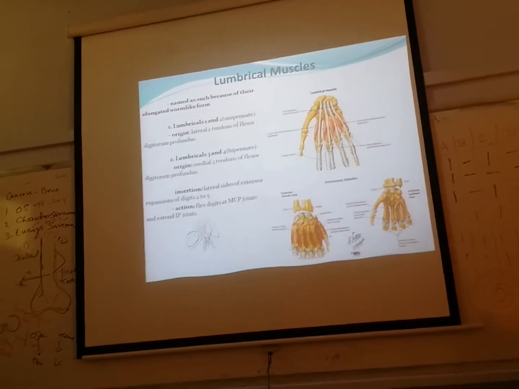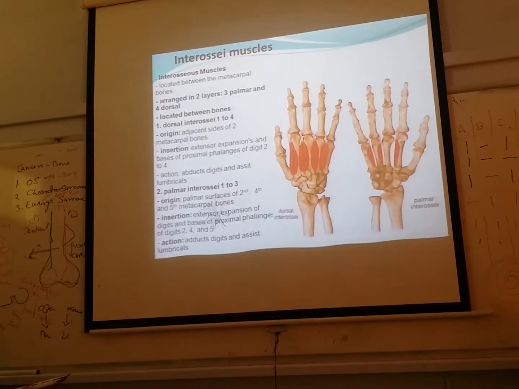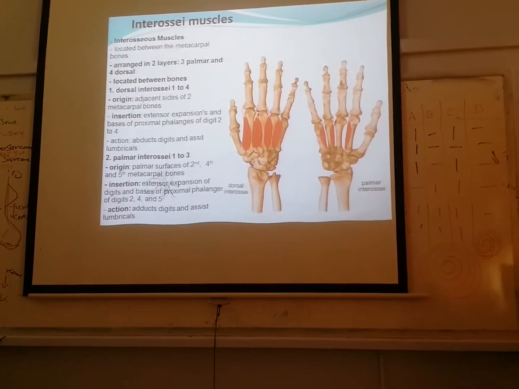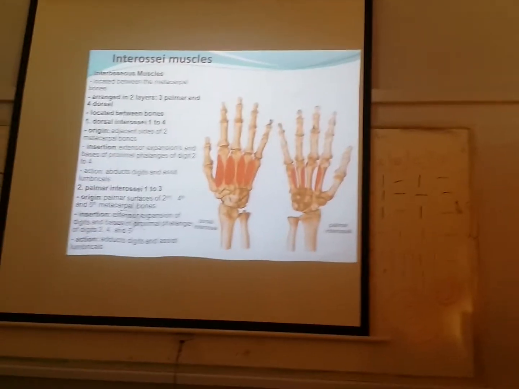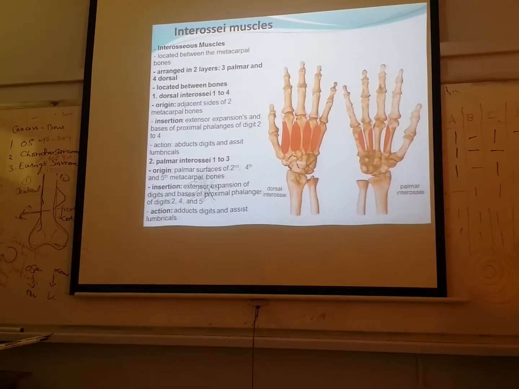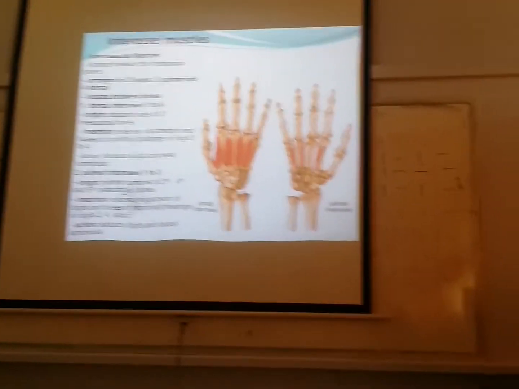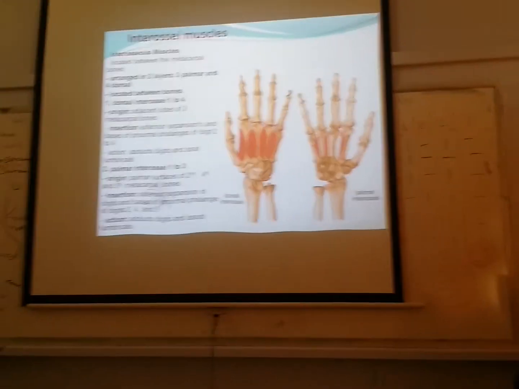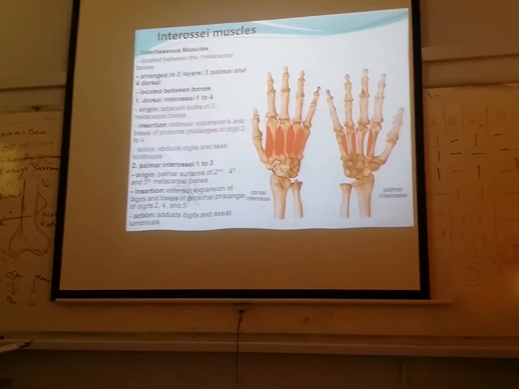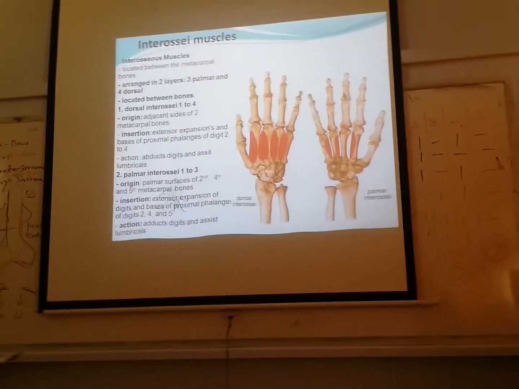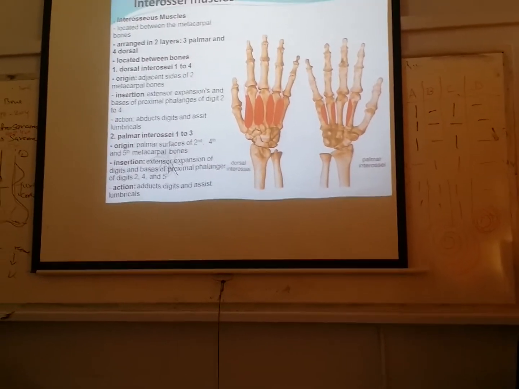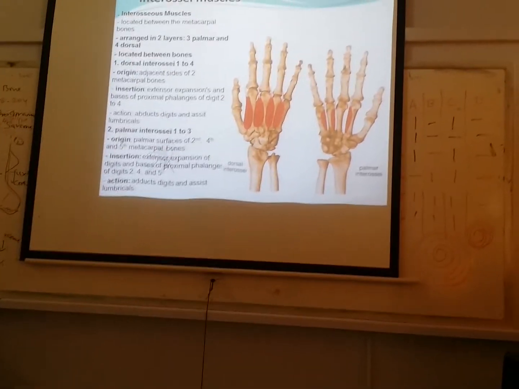Next go to the interossei, the last part of your intrinsic muscles. They are called interossei, just like your interosseous membrane that I was explaining in the radius and ulna, as they are attached between the metacarpal bones. These are interosseous muscles here, not the membrane.